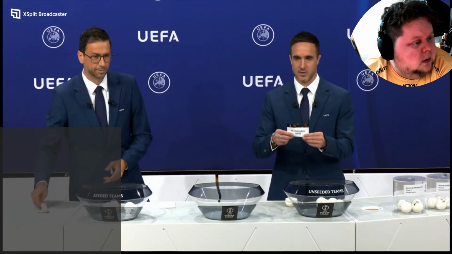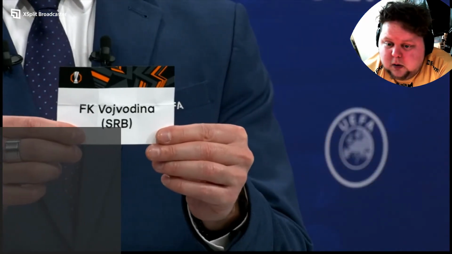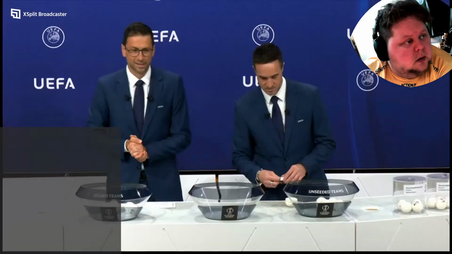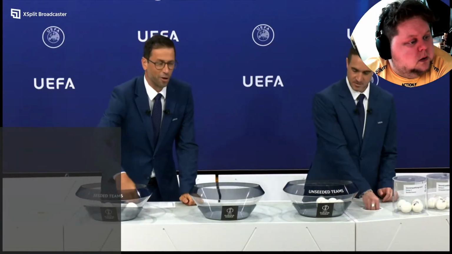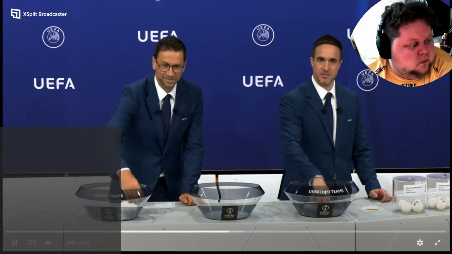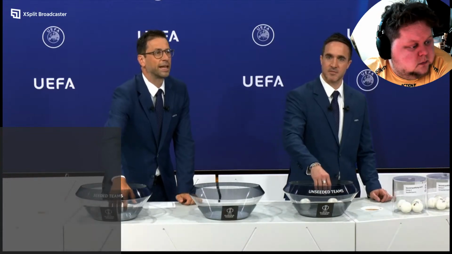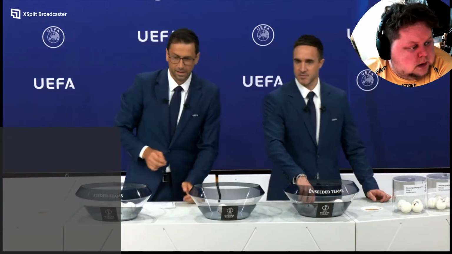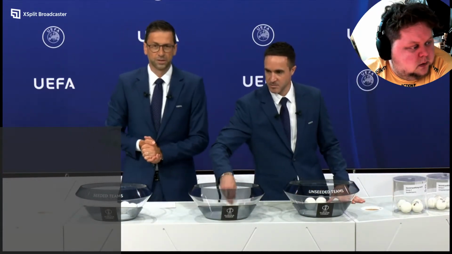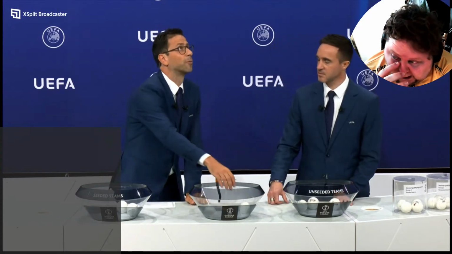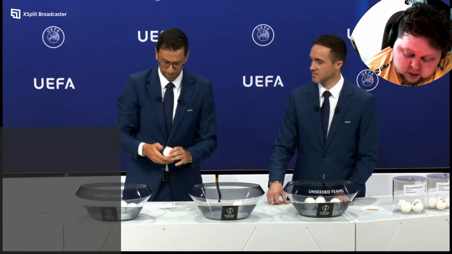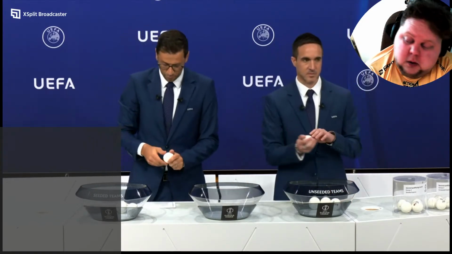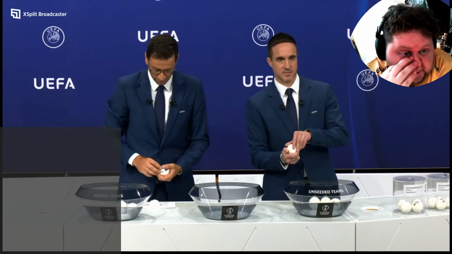And Ajax's opponents will be FK Vojvodina from Serbia. Good start into this draw. We keep on. Let's see who will be next. And of course, the first team drawn will play the first leg at home. Four more pairings for this group to be determined.